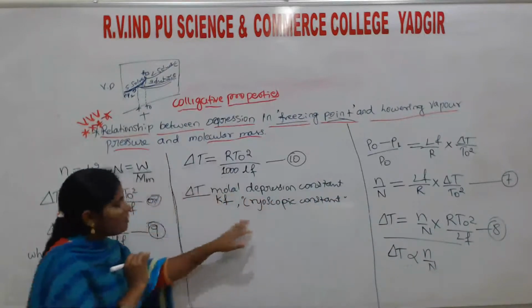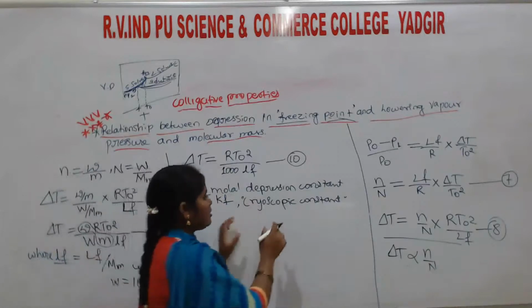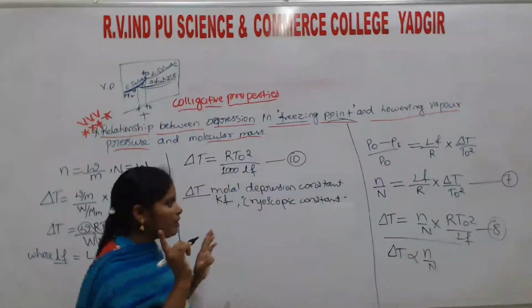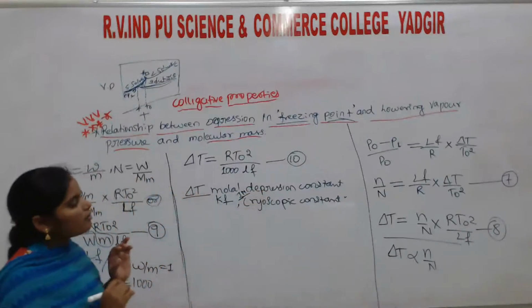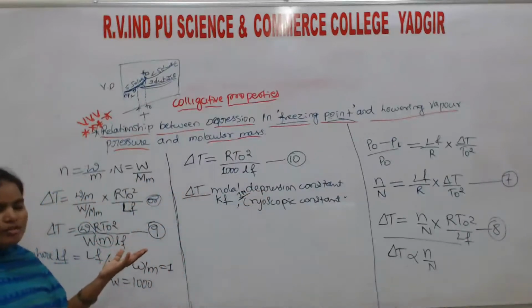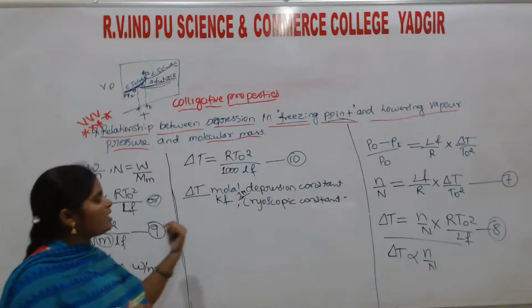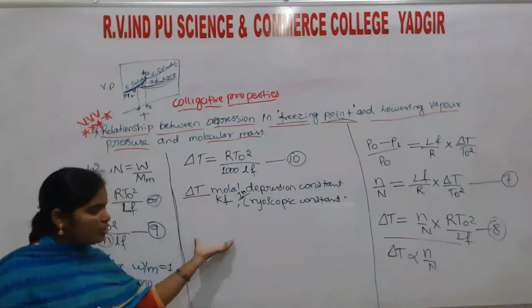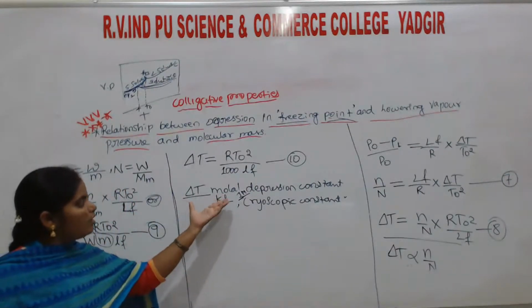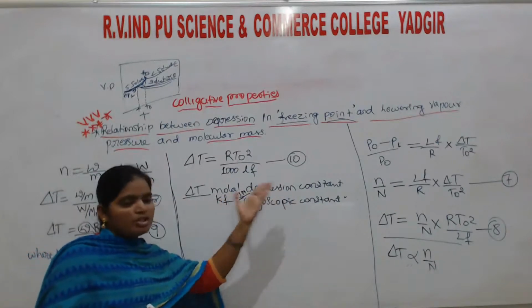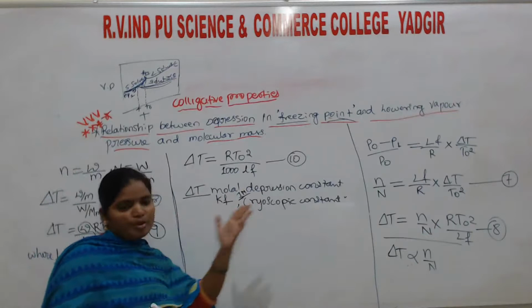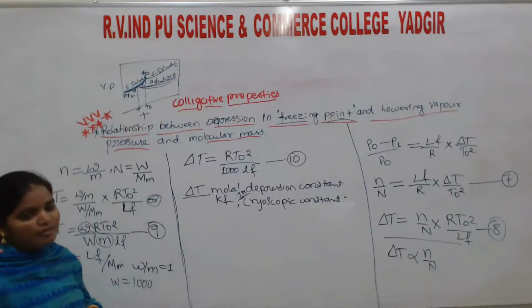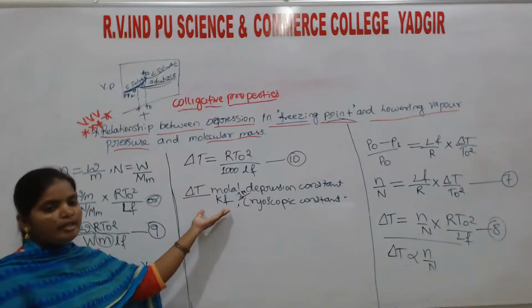See students, the cryoscopic constant is very important for a 1 mark question, on depression in freezing point. In examination, when asked to define molar depression constant you write the same definition, or define cryoscopic constant you write the same definition. Here it is denoted by Kf.